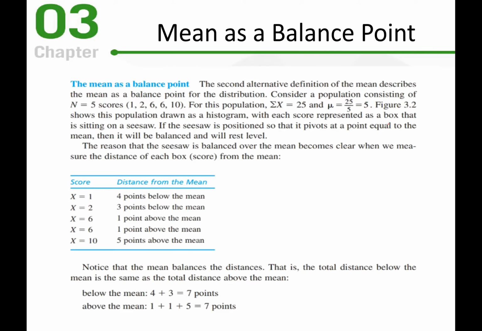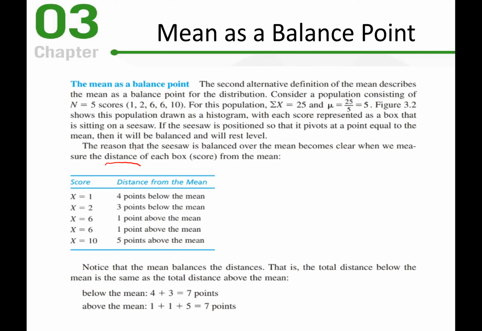Everyone's been on a seesaw before, hopefully. When it's balanced, it doesn't go too far up or too far down. It stays stable. The reason that the seesaw is balanced over the mean is going to become clear when we measure the distance. This is going to be a very important part.